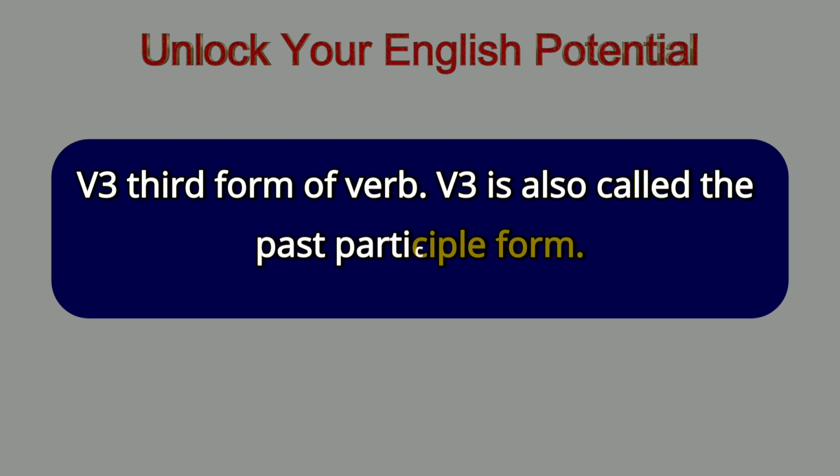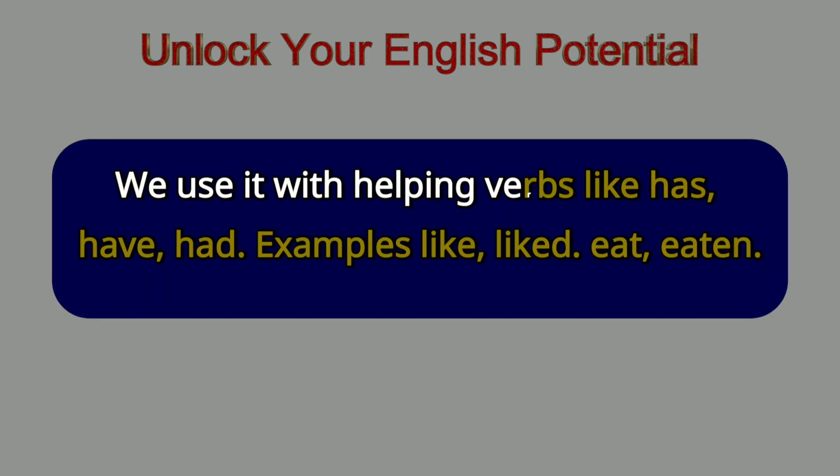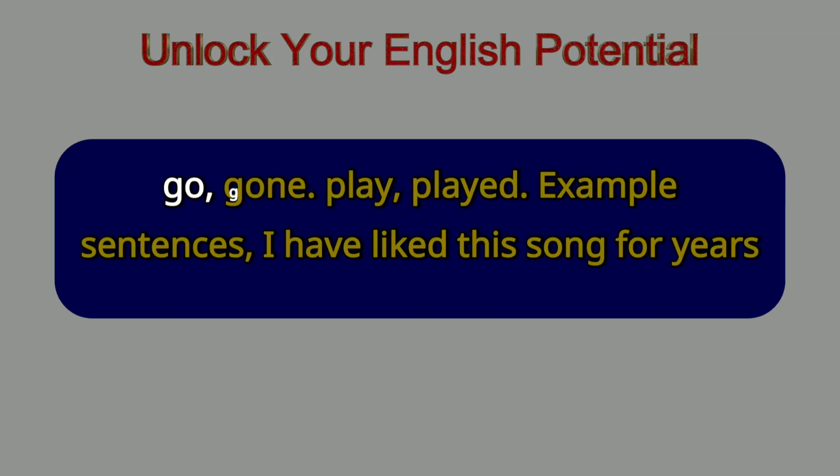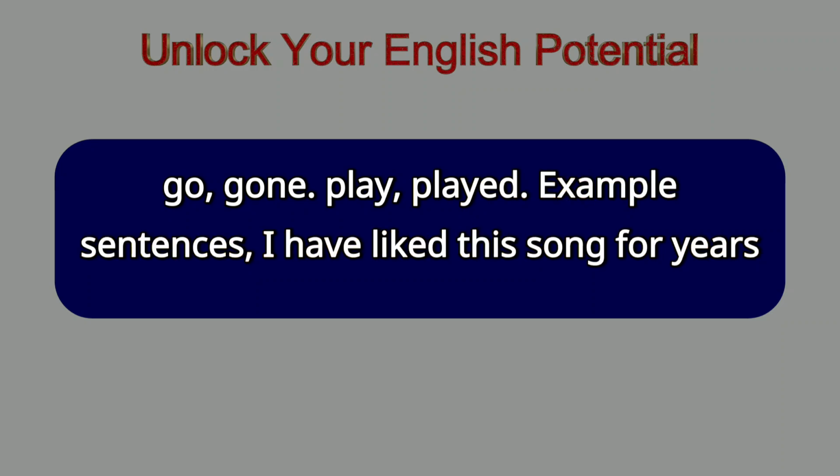V3, third form of verb. V3 is also called the past participle form. We use it with helping verbs like has, have, had. Examples: like, liked, eat, eaten, go, gone, play, played. Example sentences: I have liked this song for years.